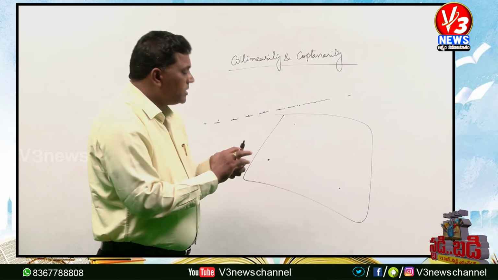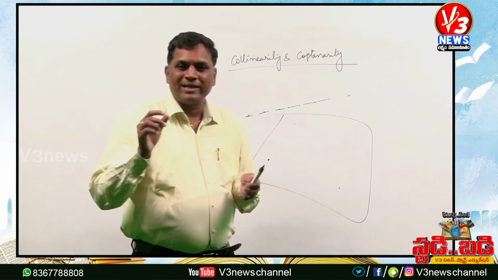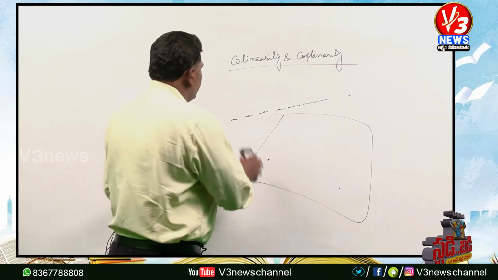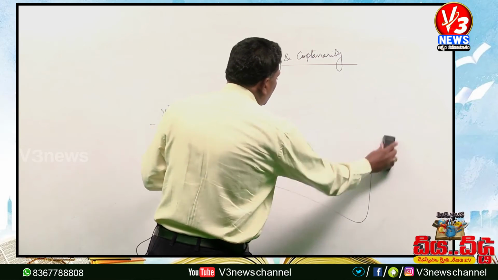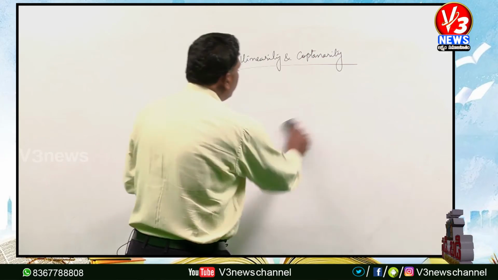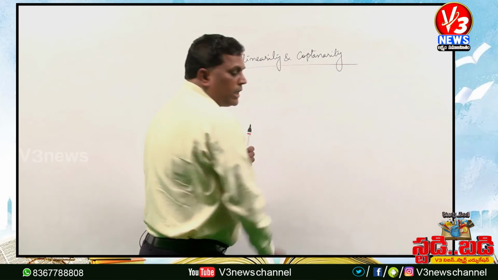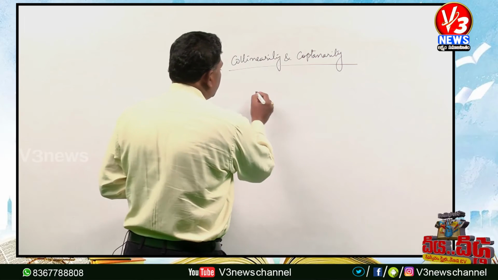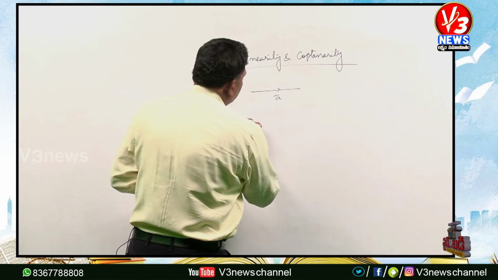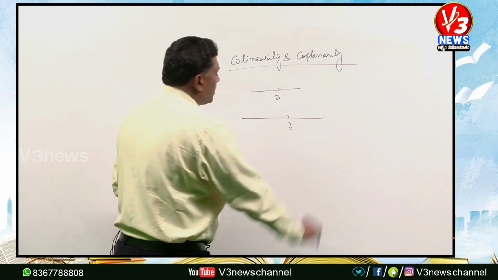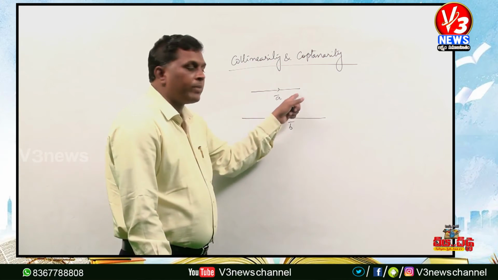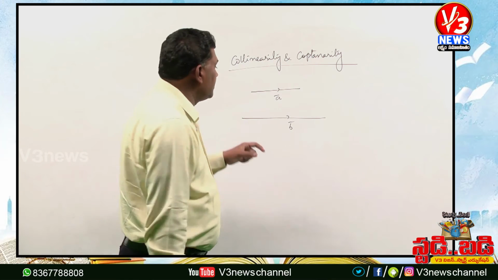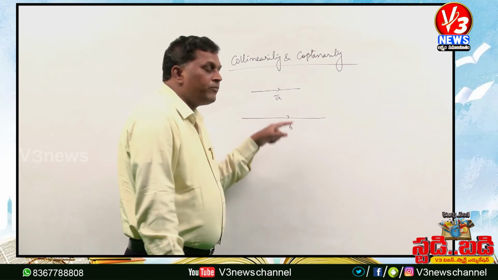Already you know these collinearity and coplanarity conditions. Why should we discuss them separately now? Because generally students remember the coplanarity conditions, and for collinearity they learn only one simple method. Suppose A bar and B bar are two parallel vectors. Already I told you in the very first class, vectors are called free vectors also.